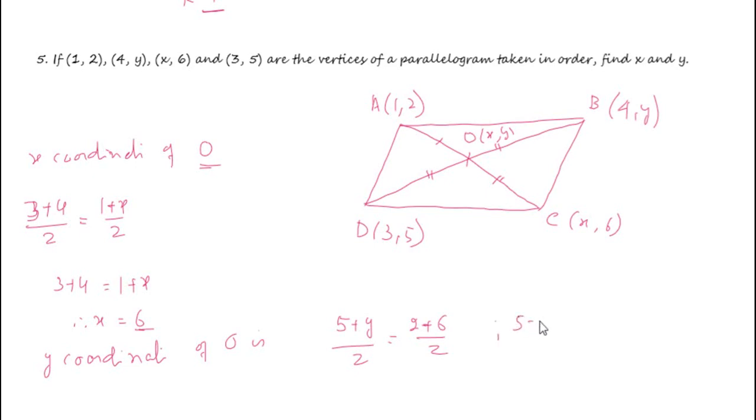Therefore 5 plus y equal to 2 plus 6, 8 minus 5. Therefore y equal to 3. So these are the two answers, the missing values, x equal to 6 and y equal to 3.